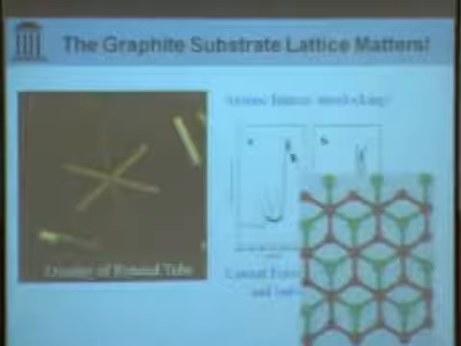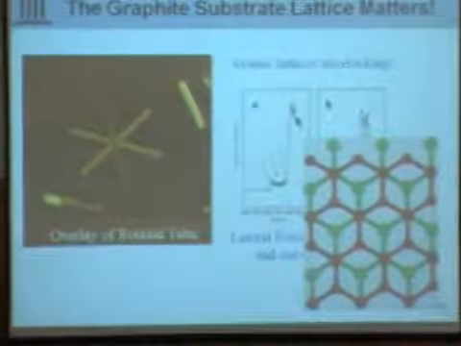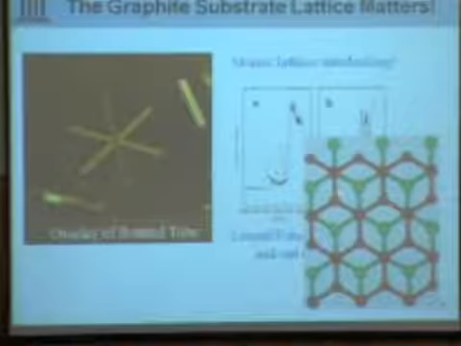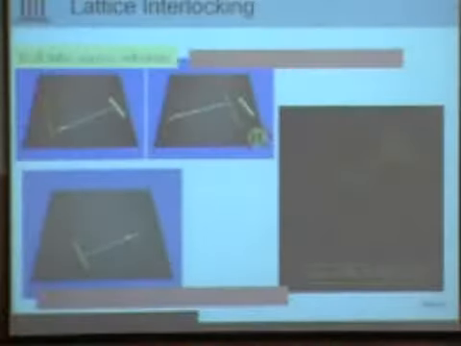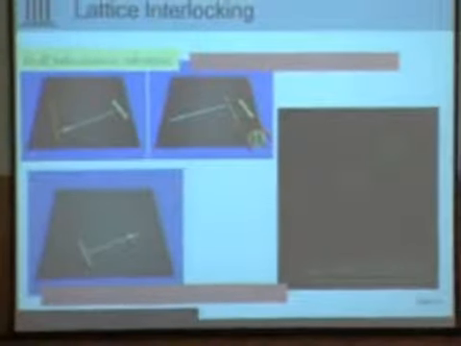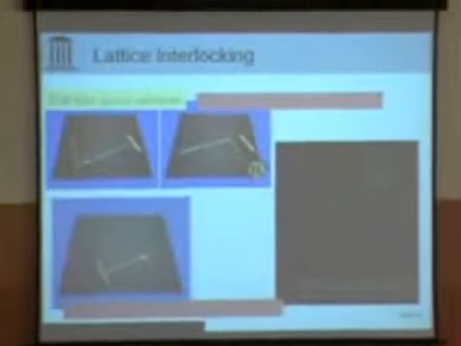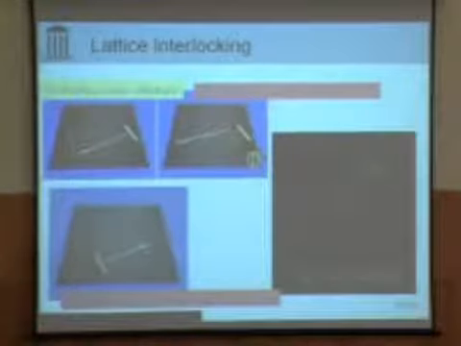And this is consistent with the registry of graphite lattices on top of each other. When these lattices overlap with each other, they're 60 degrees apart. So this was the first hint that the graphite lattice mattered. This was the real clincher, though: there are two tubes here on a pristine graphite surface, but you could see the two tubes have different angles.